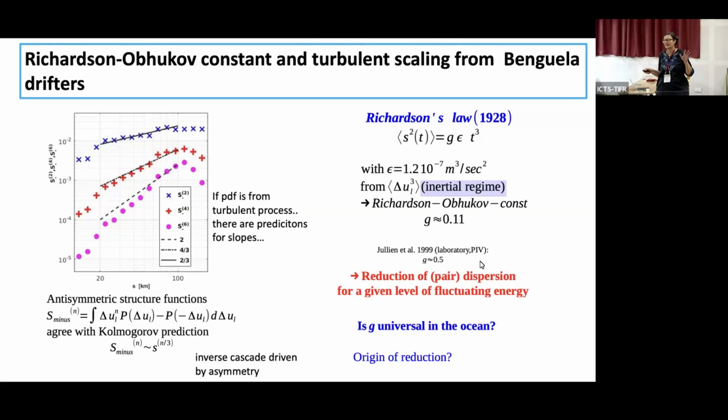There are also other predictions for this Richardson-Obukhov constant that vary by orders of magnitude. So what we find is a reduction of pair dispersion; our value is lower for a given level of fluctuating energy. One question is, is G universal in the ocean? That could be addressed if you can get at this epsilon with the structure function method. So this is ongoing work with a lot of question marks.